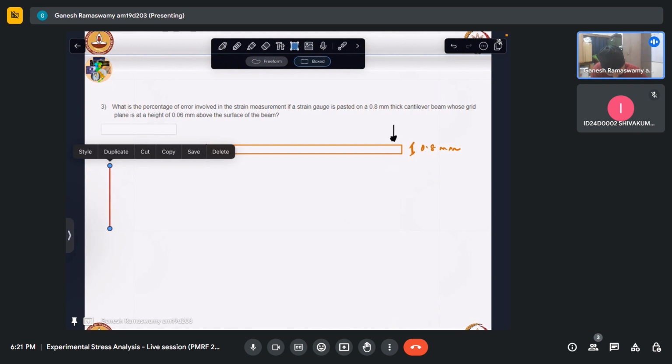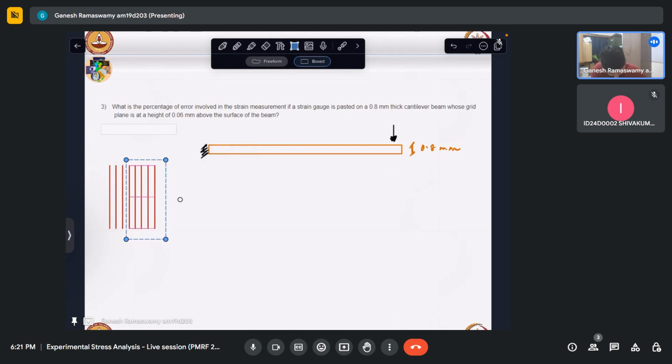Basically, our strain gauge is made like that. It is made with these grids where this end is bulbous and will be connected like that. And this will go on to connect to the solder tab.